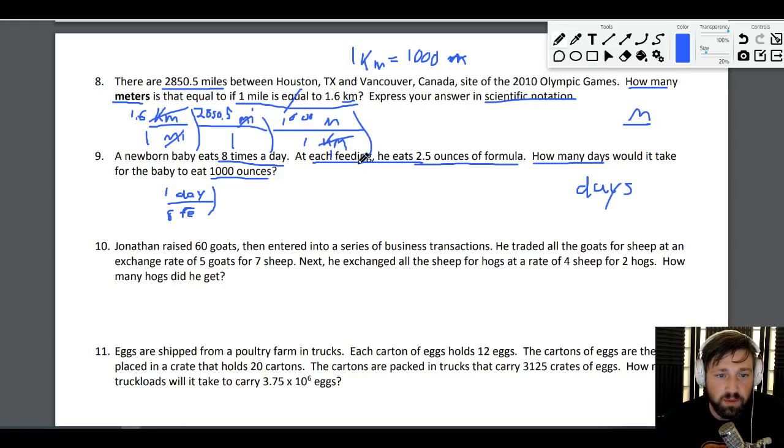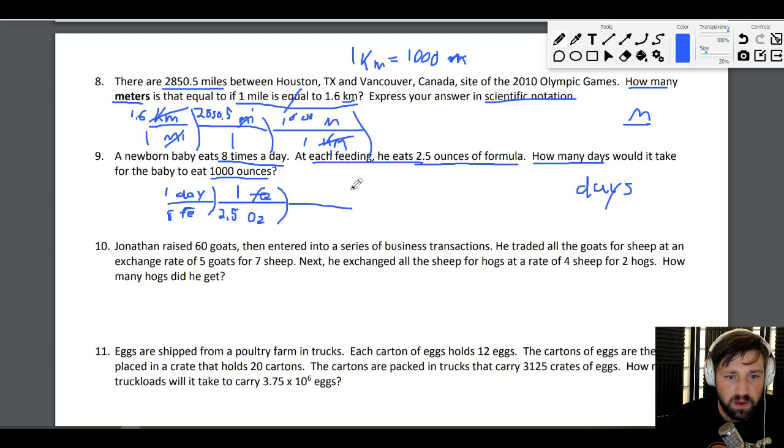So it is one feeding for every 2.5 ounces of formula. That sounds good. Let's use that. I need to get rid of the feeding to cancel it out. One's on bottom, one's on top. Okay, and then that's ounces. And that is one feeding for every 2.5 ounces.